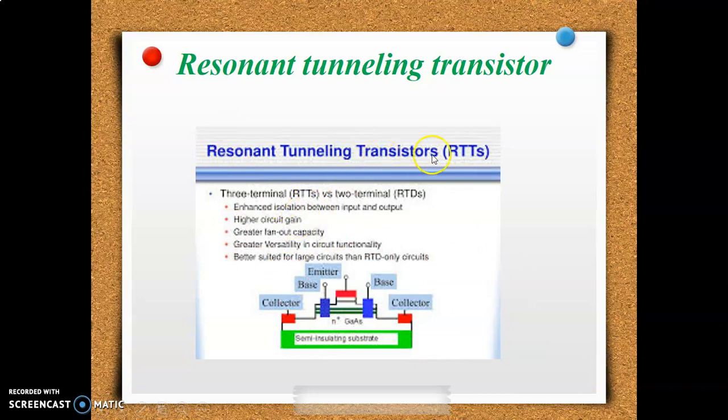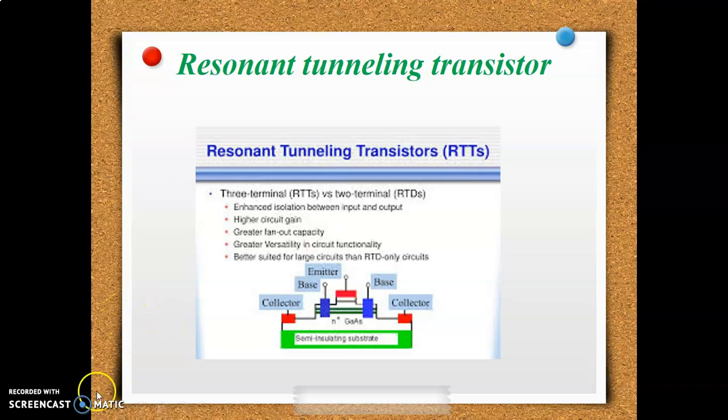The three-terminal resonant tunneling transistors versus two-terminal RTDs, that is, resonant tunnel diodes: enhanced isolation between input and output in the case of transistors, higher circuit gain, greater fan-out capacity, greater versatility in circuit functionality, and better suited for larger circuits than RTD.